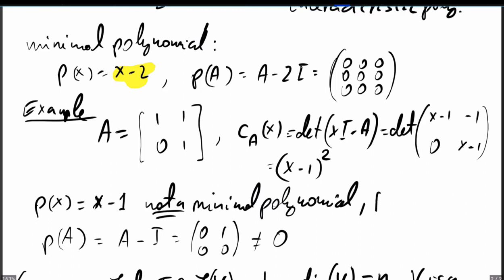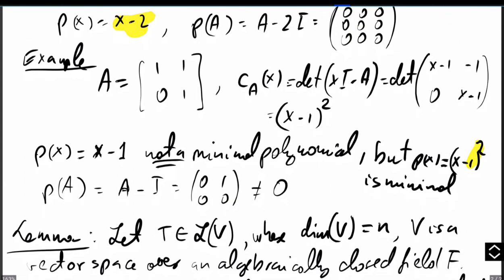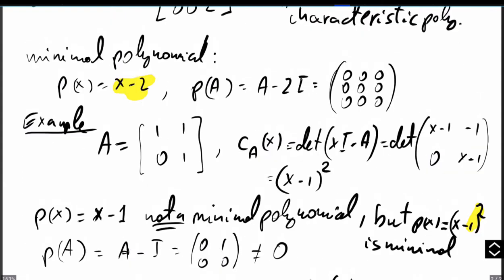And clearly, P of x equals (x minus 1) squared is minimal, since it's already the characteristic polynomial. It's the minimal polynomial because that's the smallest degree where it nullifies the A matrix, and it does have a repeated root, and that tells us that A cannot be diagonalized, no matter what other basis you try to come up with other than the standard basis.